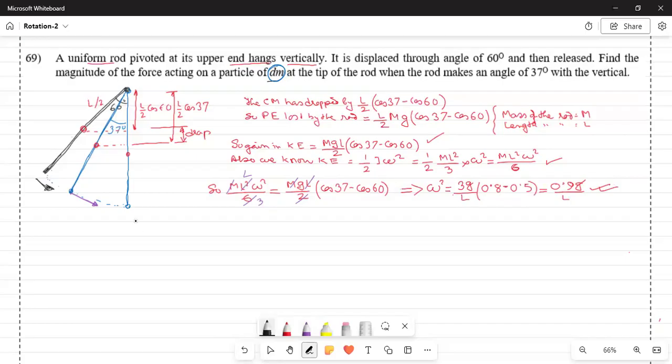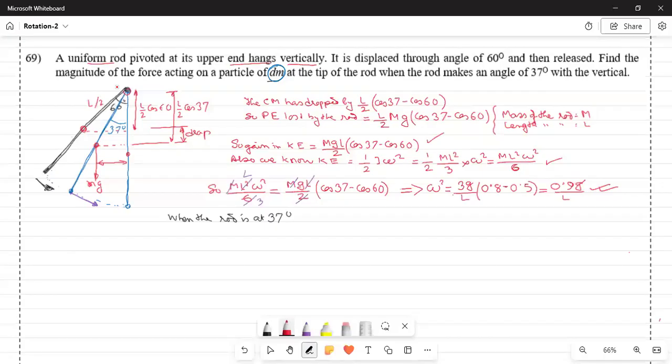Let us say, when the rod is at 37 degrees, let's look into it. There is a mass, mg works in this direction. This mg is creating a torque on the rod, with this perpendicular distance from the fulcrum.